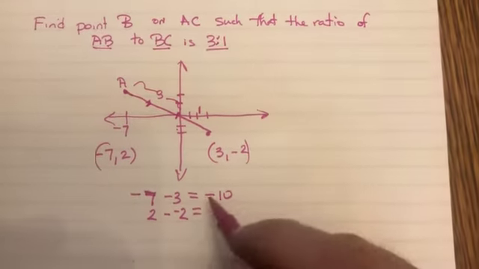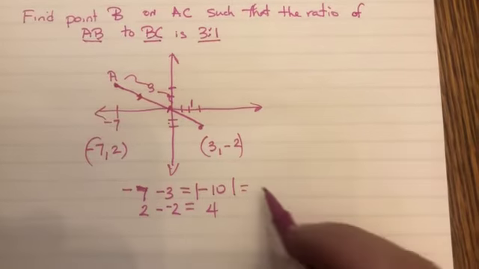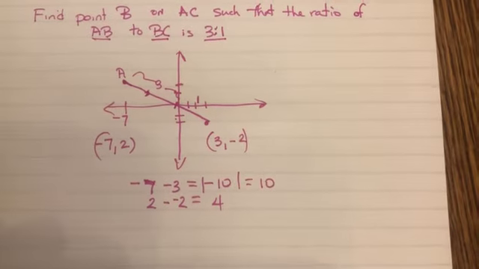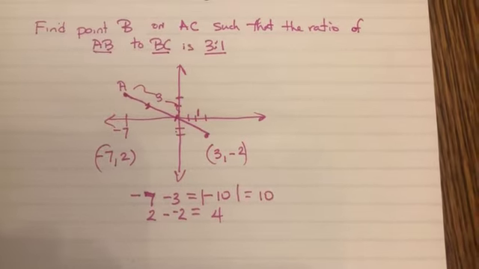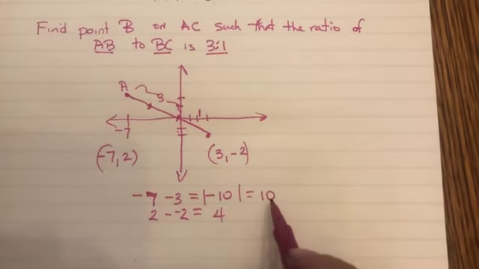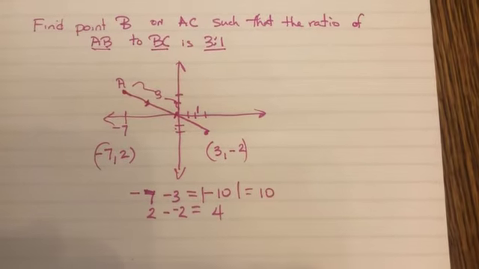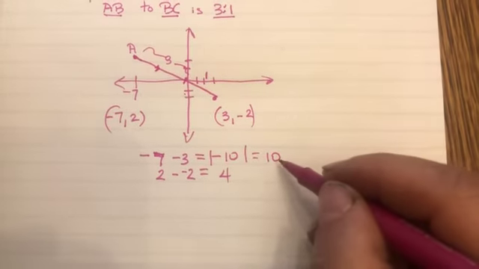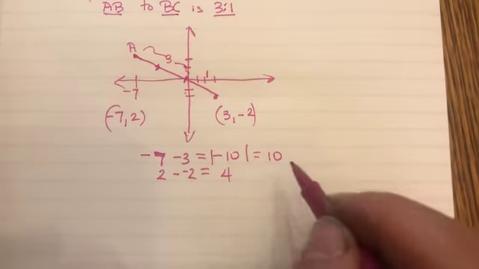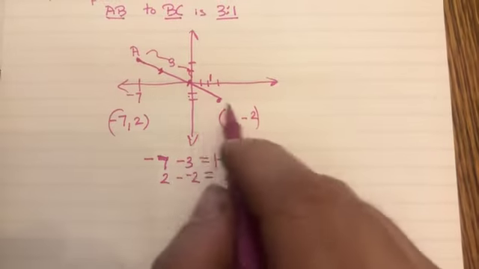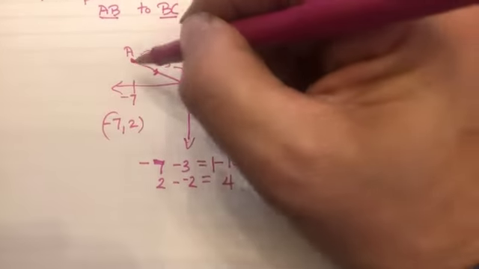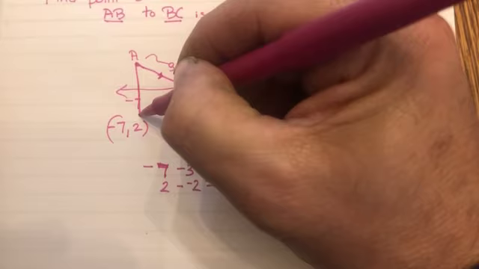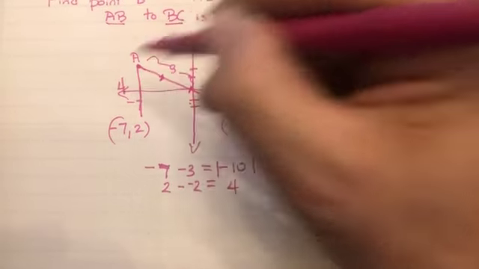So there's kind of 2 ways to approach this question. One way is I could take each of these and now divide them by 4, breaking this into 4 equal parts. This distance here was 4.